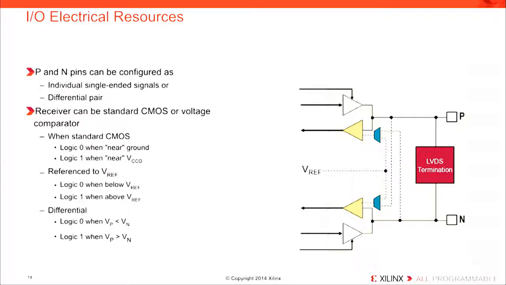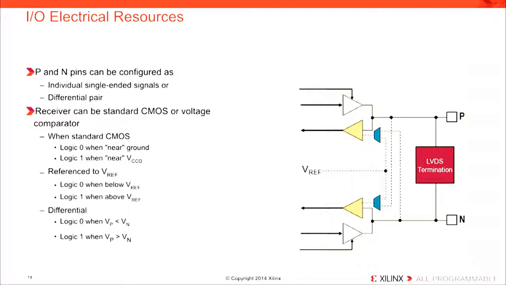It also has VREF voltage. So, if you are not using VREF and you are using LVCMOS 33 or 25 whatever standard, it will be treated as logic 0 if the input is near ground, and it will be treated as logic 1 when input is VCCO.